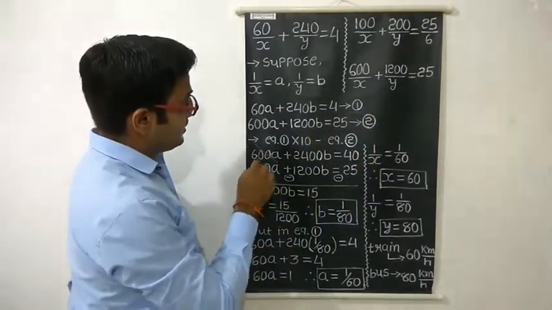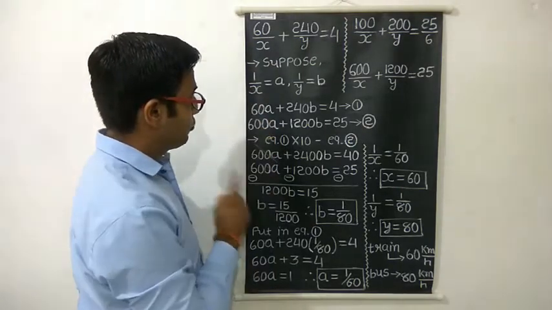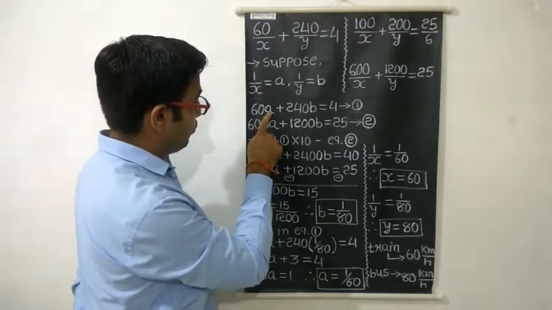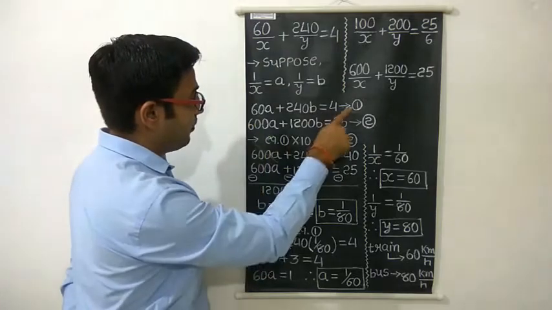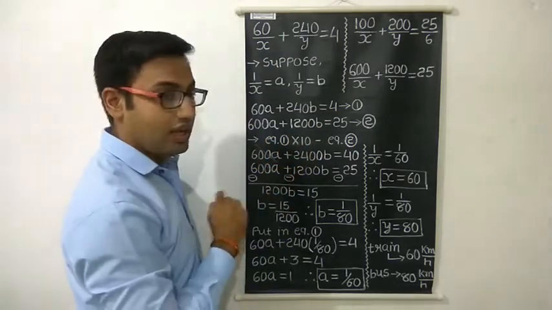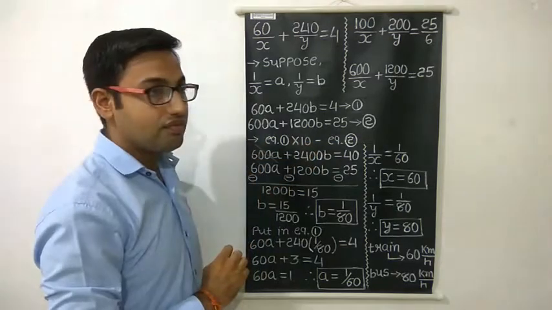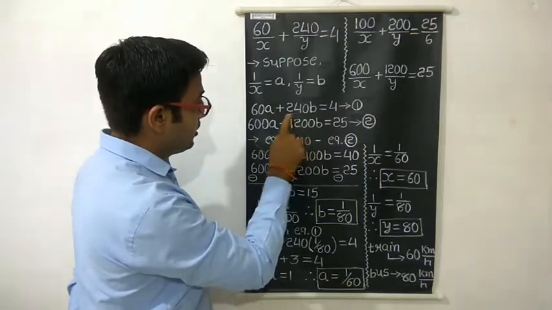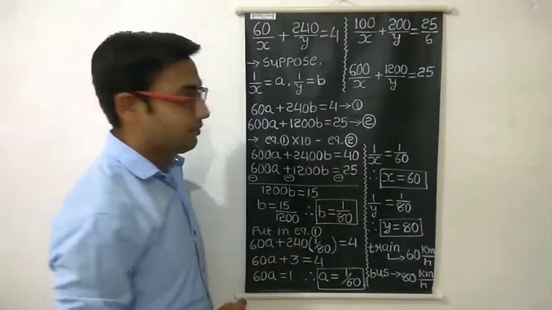Now we can see here that we want to eliminate a variable. So what we have to do here, the coefficient is 600 and the coefficient of a is 60. We have to multiply equation number 1 with 10 and subtract equation number 2 from this. So by multiplying this with 10, we will get 600a plus 2400b is equal to 40.